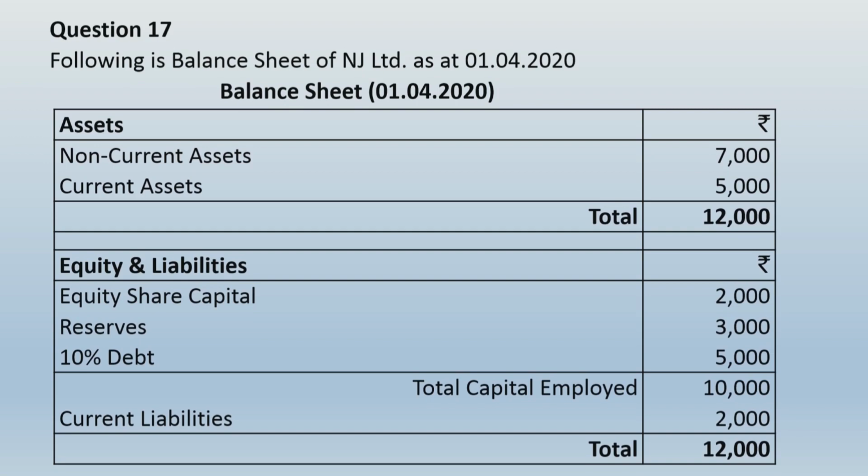You have equity share capital amounting to 2,000, reserves amounting to 3,000, 10% debt amounting to 5,000, and in the balance sheet itself you have been given total capital employed, that is rupees 10,000, and then current liabilities added 2,000. The total of your equity and liabilities also comes to 12,000. Let us move ahead and read further.